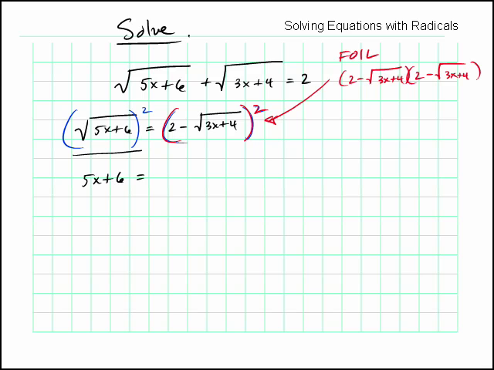FOIL method. 2 times 2 is 4. 2 times negative radical 3x plus 4, negative 2 square root 3x plus 4. That times that is another negative 2 square root 3x plus 4. And if I multiply square root of 3x plus 4 times another square root of 3x plus 4, that's just 3x plus 4. The radicals cancel themselves out.